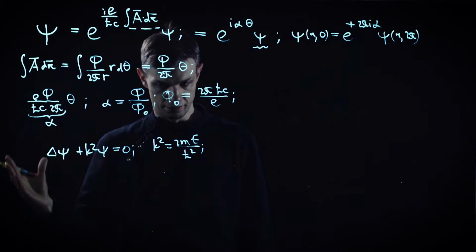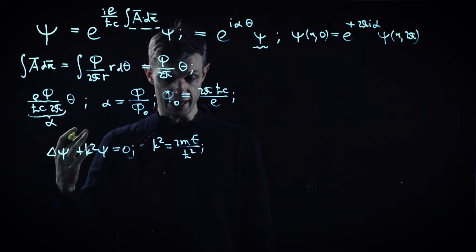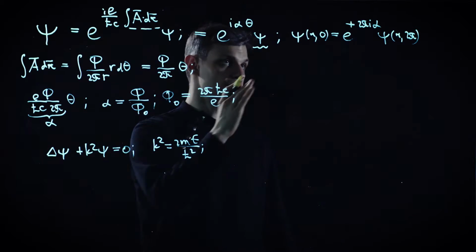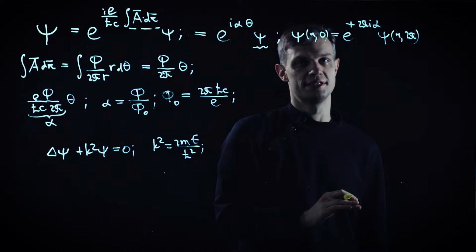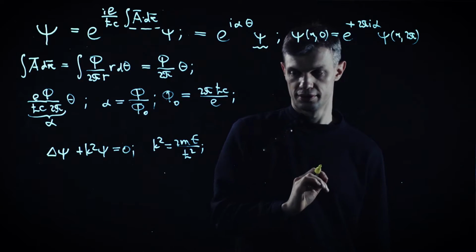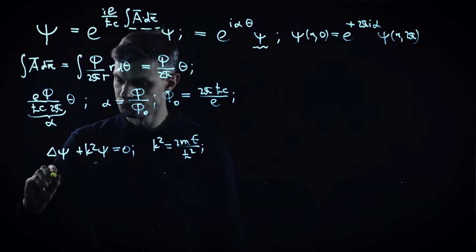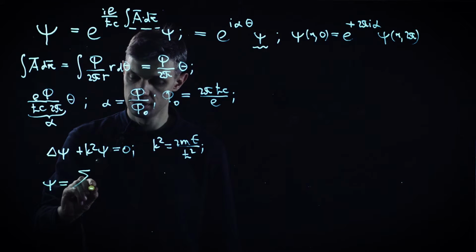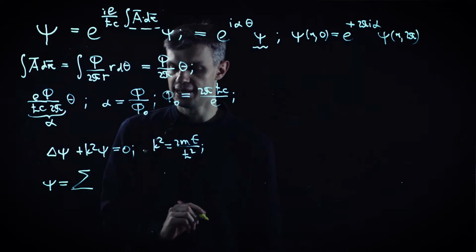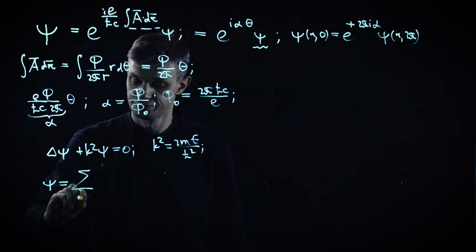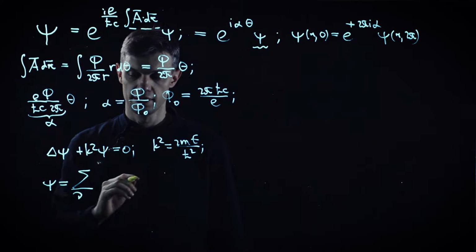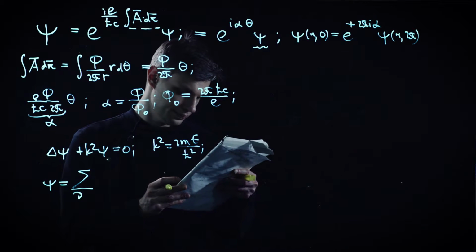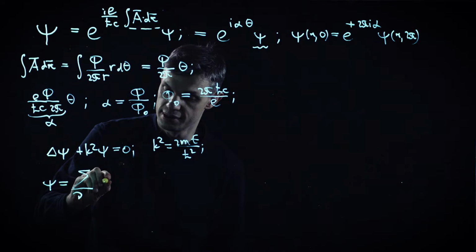The only difference from the usual case is that our psi function has this quite special semi-periodic boundary condition. So what we do, we expand the psi function into a complete set of eigenfunctions. Namely, we do it like this.